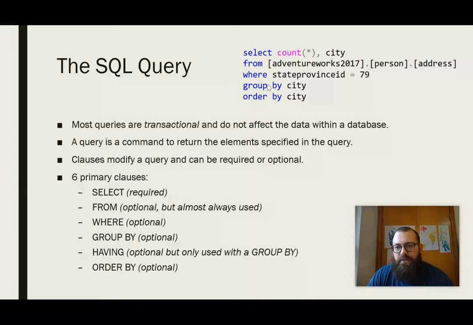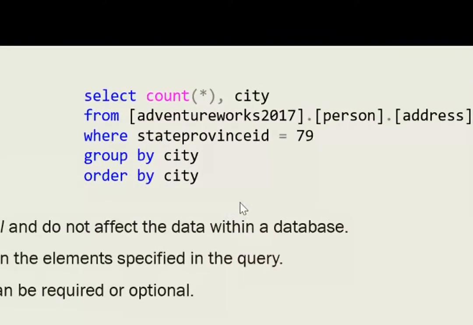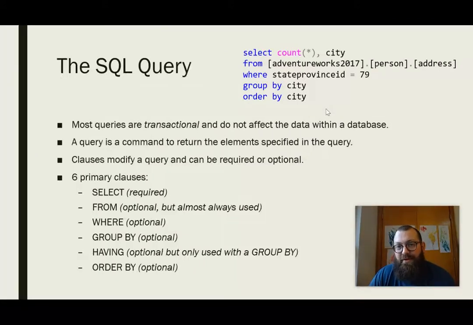If you look at the query at the top, we're saying select count star city from this address table reference, where the value for a particular field is equal to a certain number, and then we're grouping those counts by values in the field city, and then we're also ordering the output by that field. That's essentially the nuts and bolts of the query right there.